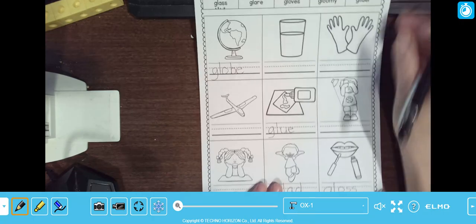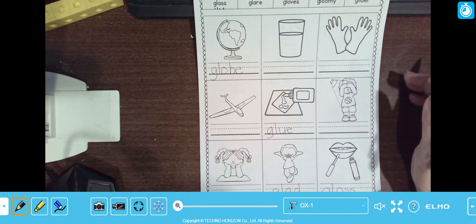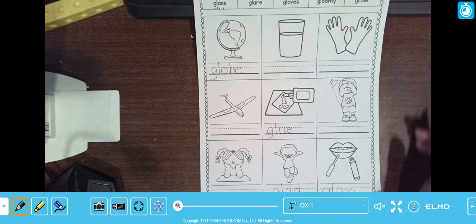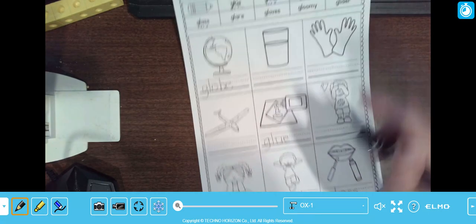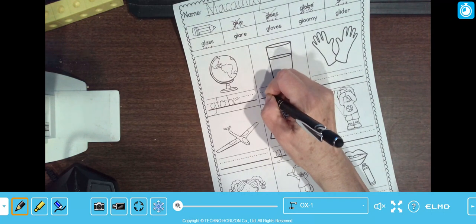Glass. So which one of these pictures matches the word glass? If you said it was this one, you're absolutely right. There is a glass. So let's write it down.